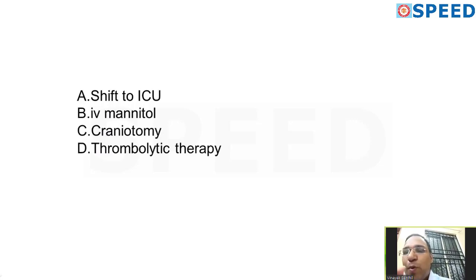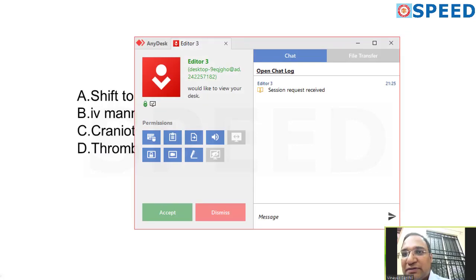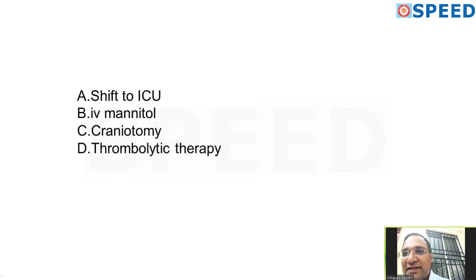will have to be ventilation, mannitol. Ventilation, mannitol, I'll just repeat this. Ventilation and prepare the patient for intervention. Yes, this has to be the line of treatment.